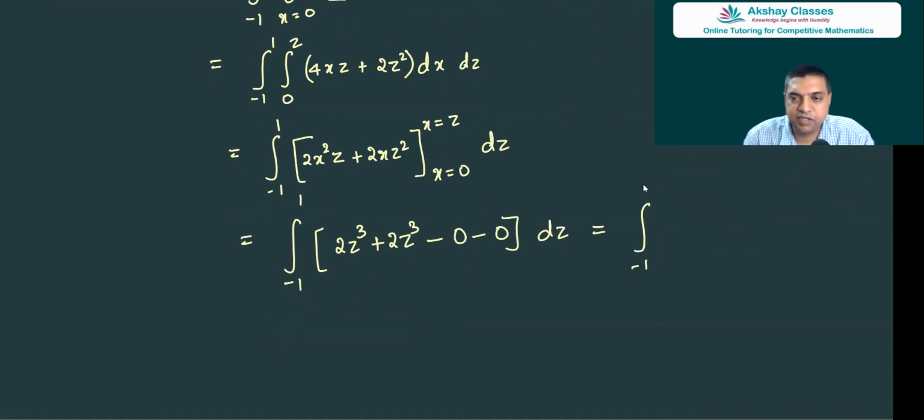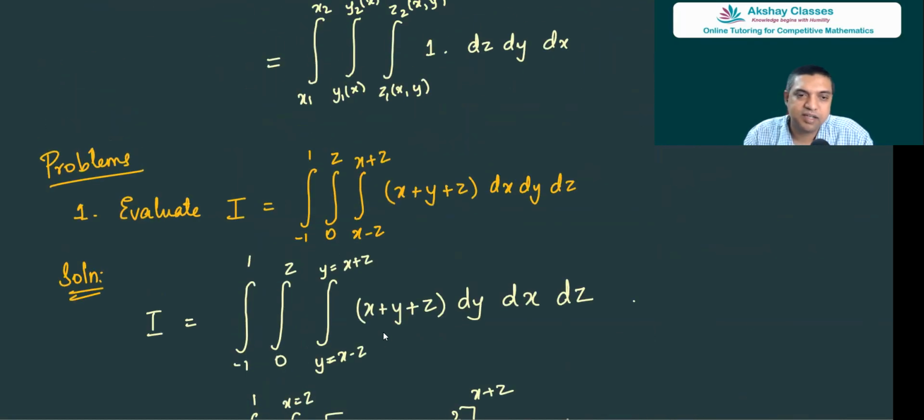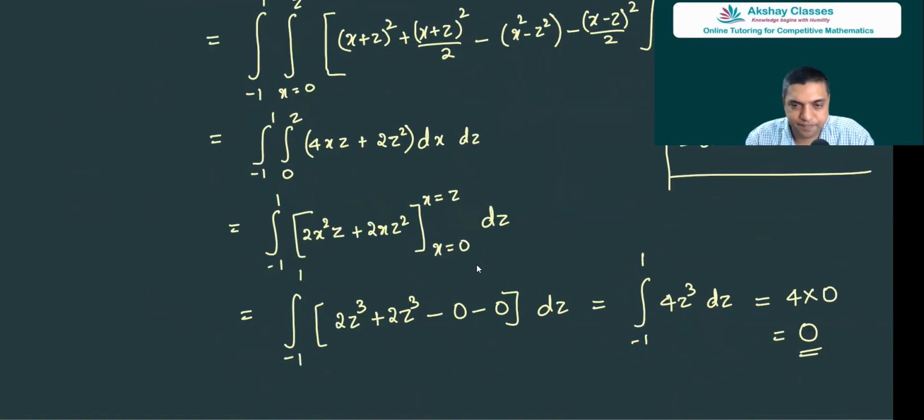So this is minus 1 to 1, 4z cube dz, and it's an odd function. From minus a to a, it is 0. So after all this calculation, the value of this integral is 0. Okay. So this is how we evaluate a triple integral.